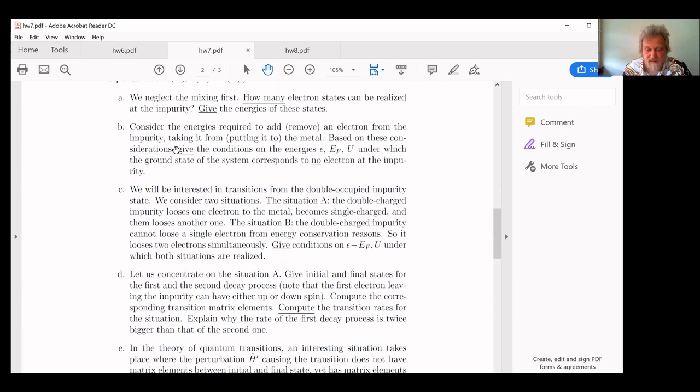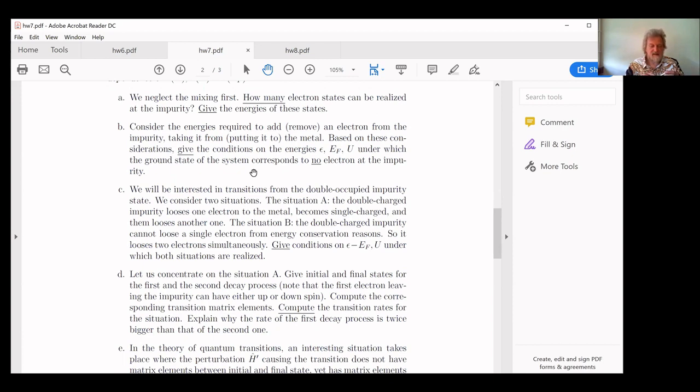Then again, we consider the energy differences and the ones required to add or remove an electron, and we figure out which state is a ground state.